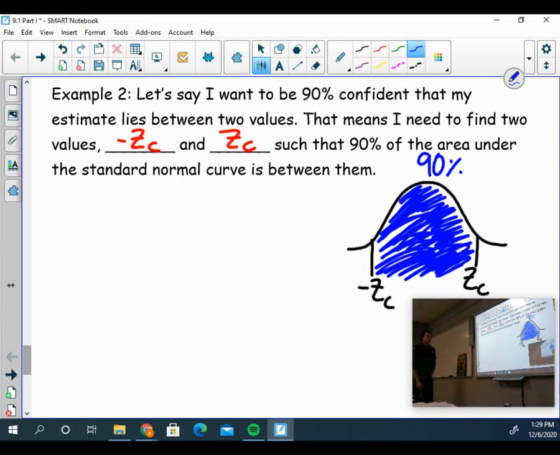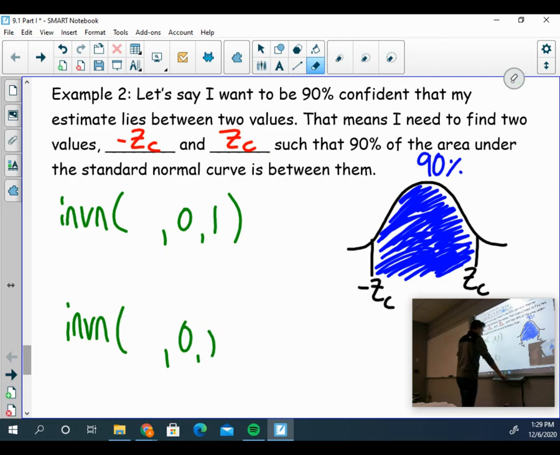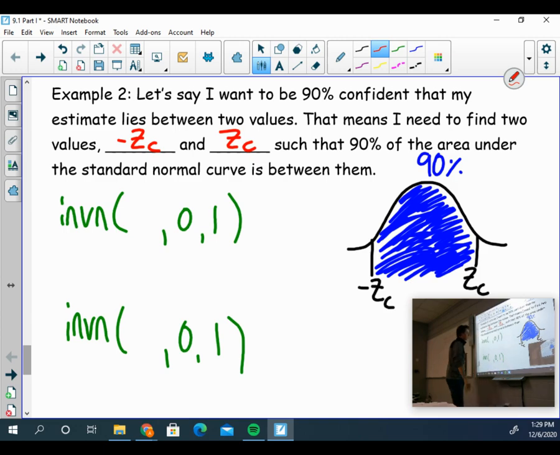So I've got 90% of my data between these two values, and I'm trying to find the two values. How do I find values on a normal curve when I'm given an area? Inverse norm. Well, with inverse norm, we know we need area left. We already have the mean and standard deviation because we're working with the standard normal curve. So what is the area left of negative z of c?